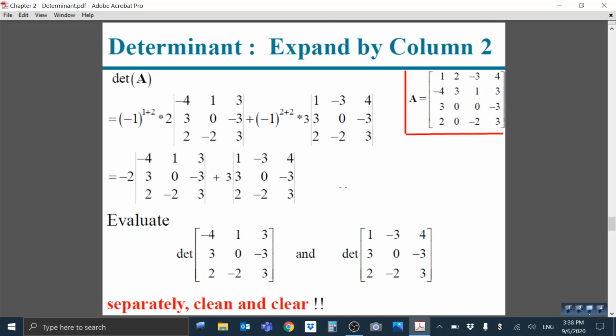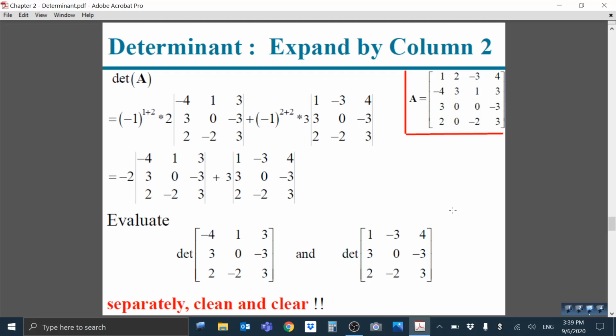Now, another thing about being smart is to be clean also. So in order to get determinant A, I need to compute the determinant of this 3 by 3 matrix and the determinant of this 3 by 3 matrix. So I need to evaluate these two determinants. I don't want a mess. I want it clean and clear.